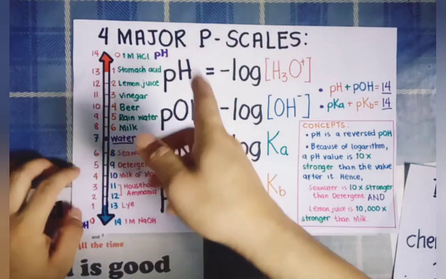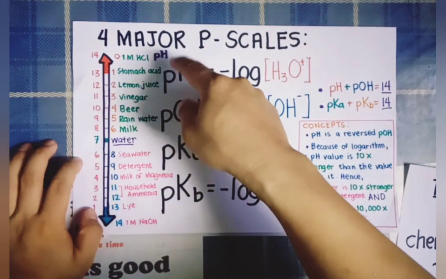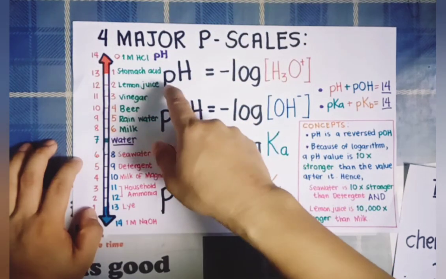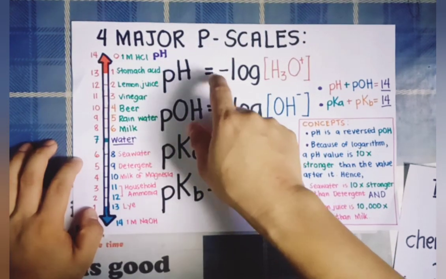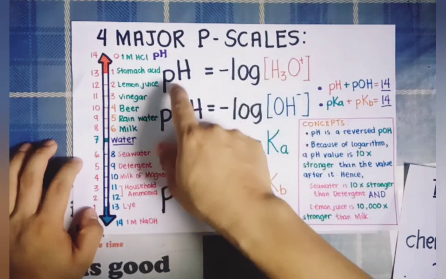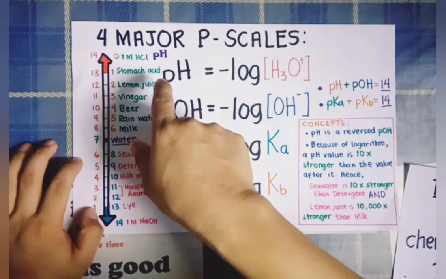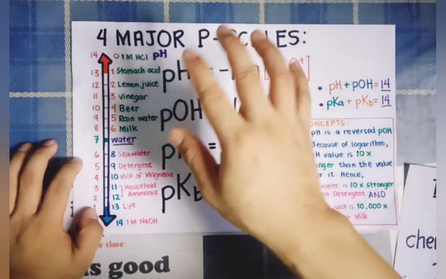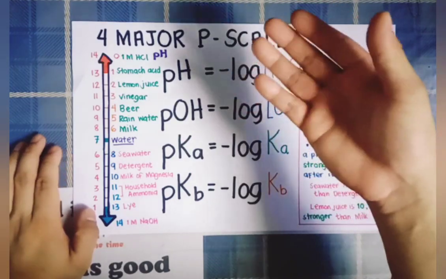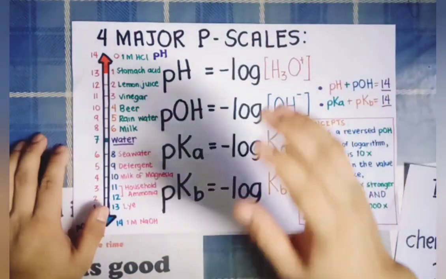If we have, like for example, pMg, we know that the formula for pMg, Mg is magnesium, is equal to negative logarithm of magnesium ion concentration. If we have pB here, B is boron, that's negative logarithm or decimal cologarithm of boron. So this P scale can actually be used in any elements that we have.